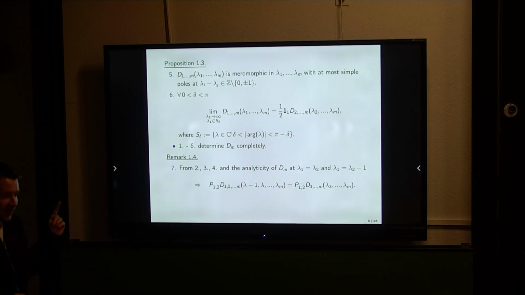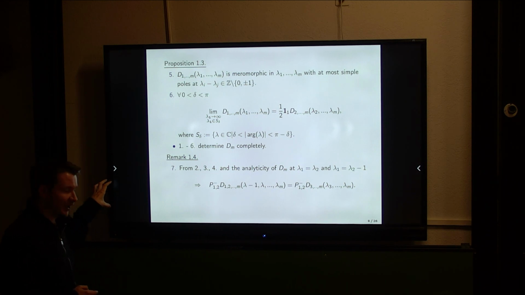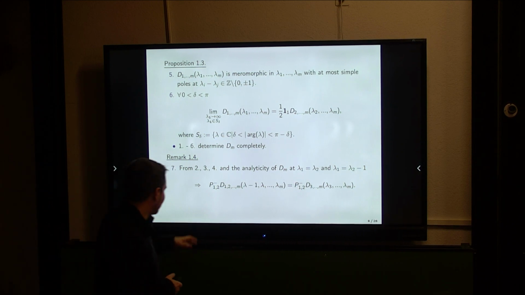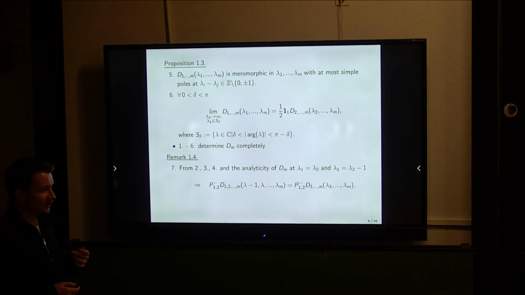we can show that we have another property, which I call property 7. It's like a projector times dm equals the same projector times dm with 2 fewer points. So it reduces dm to dm minus 2. This is really important because the construction will be very dependent on it.